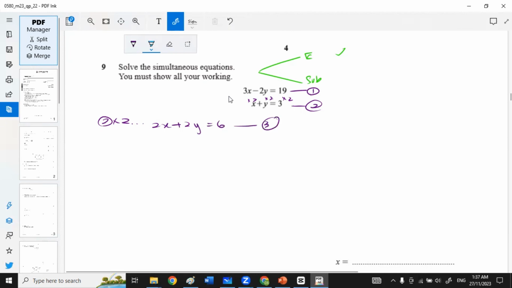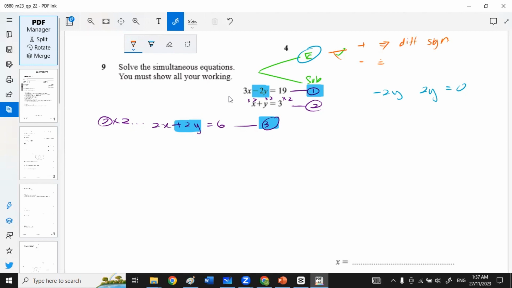So now we focus on first equation and the third equation. We're going to eliminate y. Okay, so to eliminate y, we have negative 2y and 2y. How to make it 0? If you want to eliminate, mean you want to make it 0. Eliminate, you can either you plus or you minus. You plus when you have different signs, and you minus when you have same sign between the two numbers.